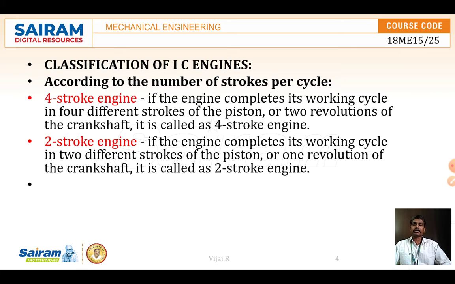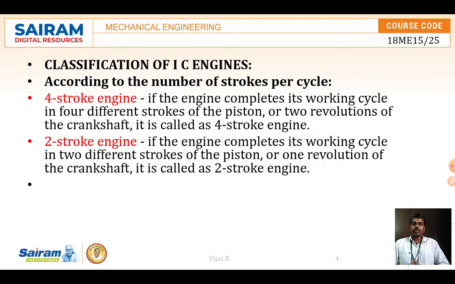So intake, combustion, expansion and exhaust: four different operations. All four together make one cycle. To complete one cycle these four operations are needed: fuel intake, fuel compression, then burning, then expansion, then the smoke created inside has to move outward. That is called exhaust. All these operations are needed.